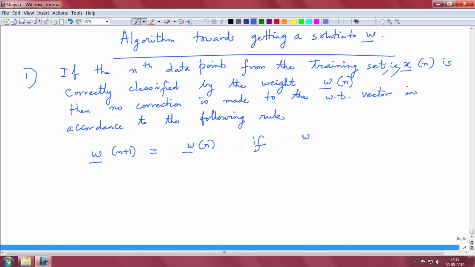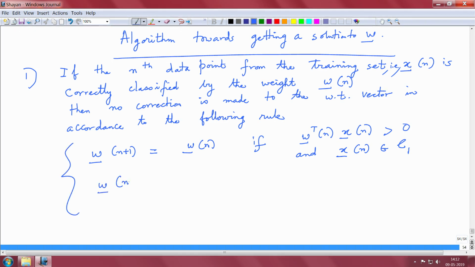If W transpose x n, that is the inner product of this weight with the data point, is greater than 0 and this data point happens to belong to class 1, it belongs to class 1, and of course you can imagine that the inner product between the weight and the data point is less than or equal to 0 and x n belongs to C2.